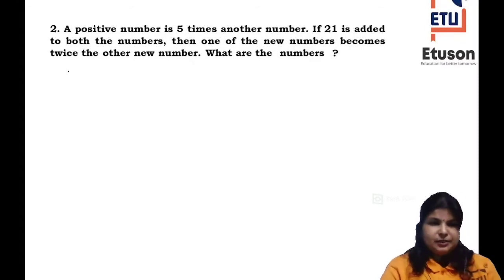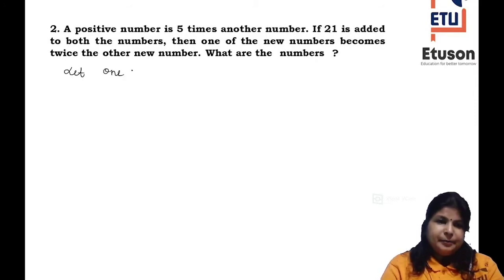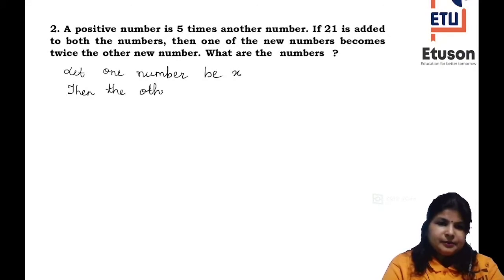A positive number is 5 times another number. So, based on that, let one number be x. Then the other number will be 5 times of that, 5x.